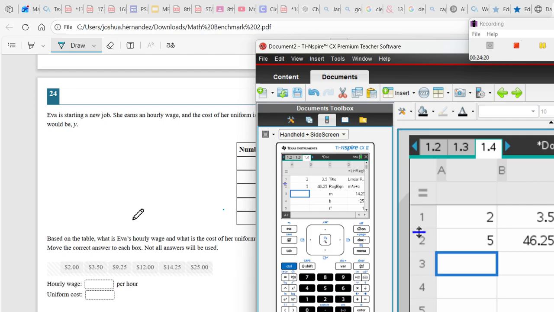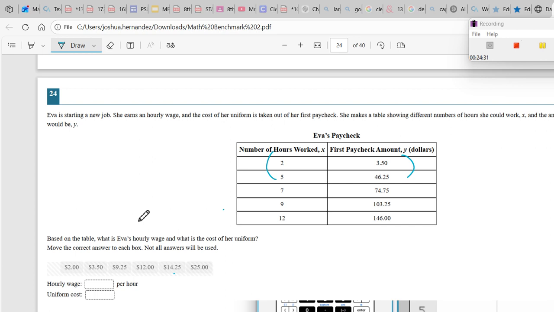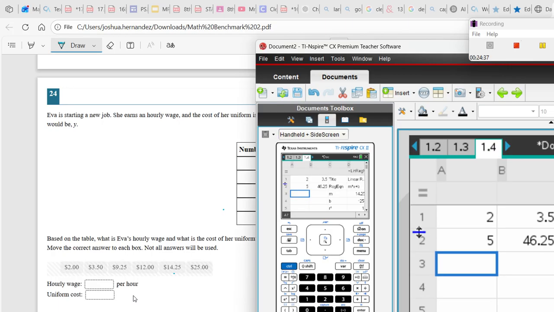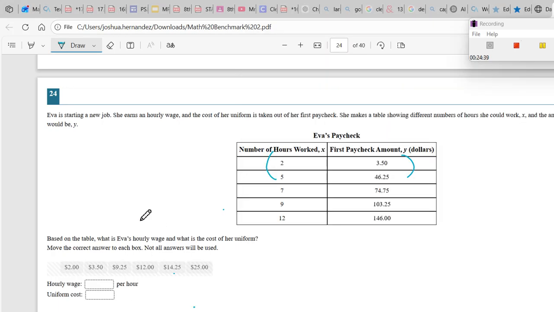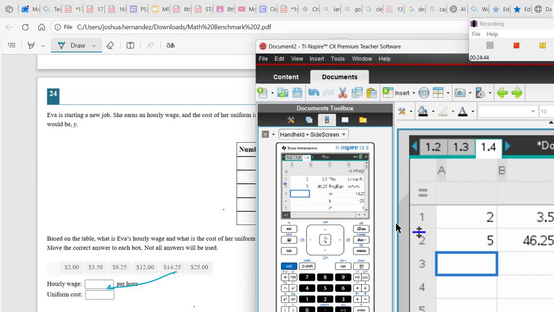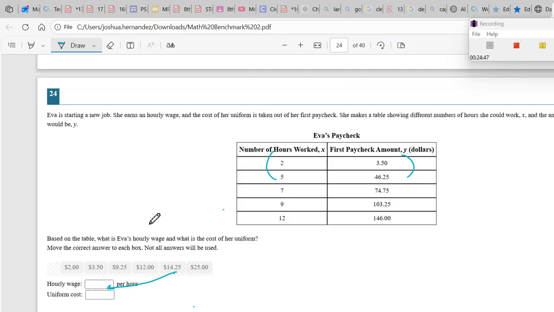Hourly wage. And 125. And then I'm going to guess $25. Okay, there she is.